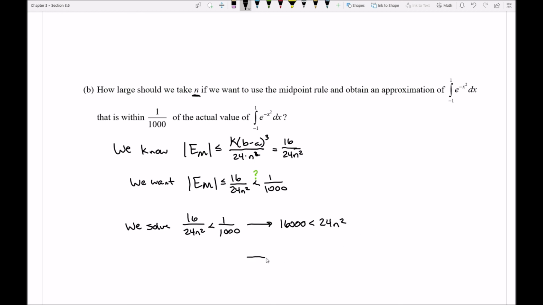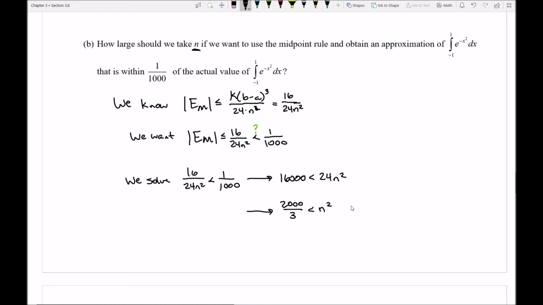Of course, that should take me to, if I divide both sides by 24, you can double check me, but I think I get a fraction that can be written as 2,000 over 3. That should be less than n squared. Of course, if I square root both sides, I end up with the square root of 2,000 over 3 should be less than n.